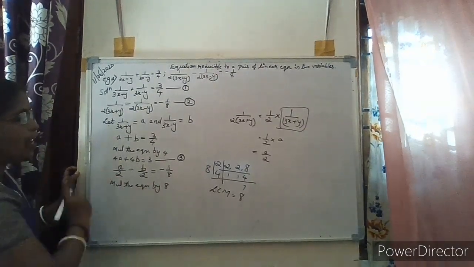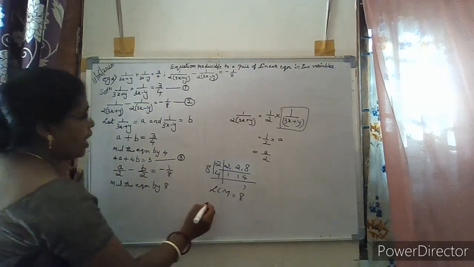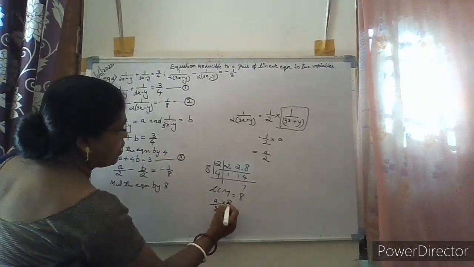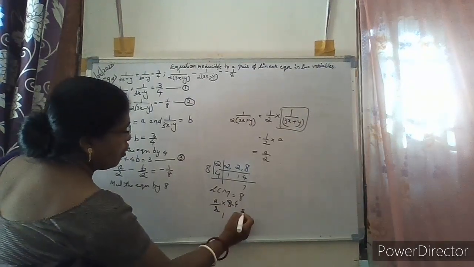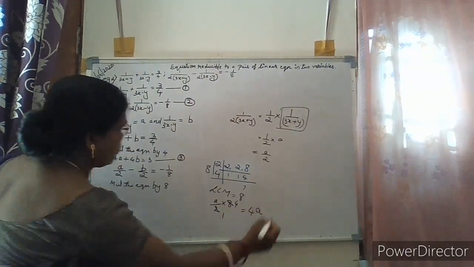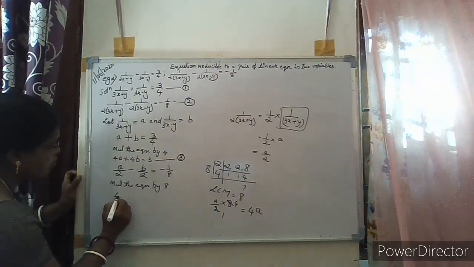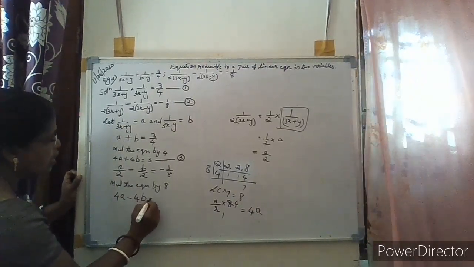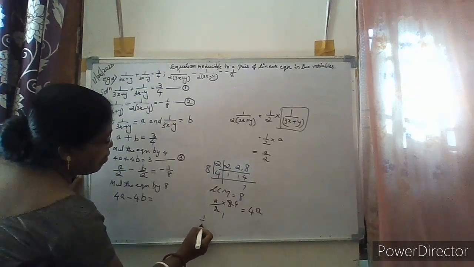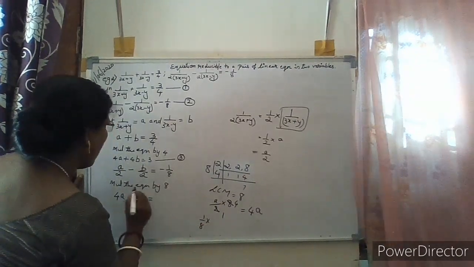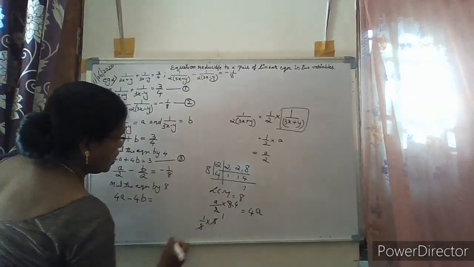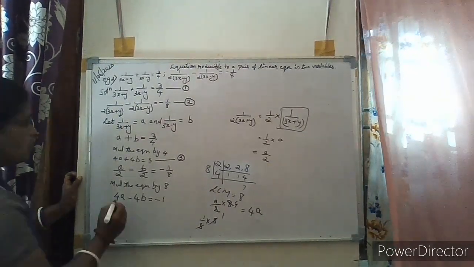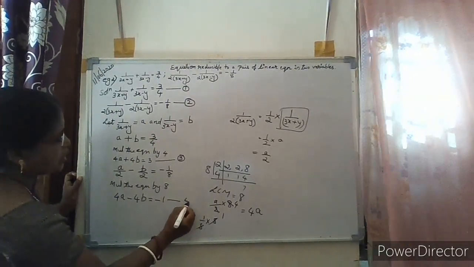When I multiply this first term by 8, it is a by 2 into 8. Means 2 fours are 8. So it gets converted as 4a. So this is 4a minus 4b is equal to 1 by 8 multiplied by 8. 8 gets cancelled, that is equal to minus 1. So this is now equation 4.